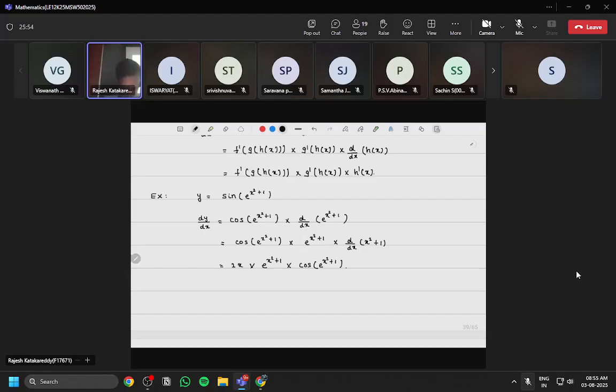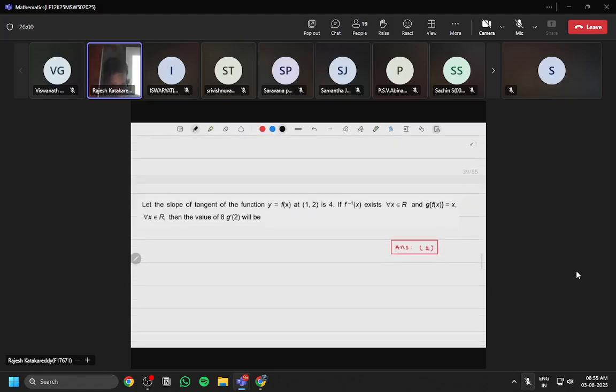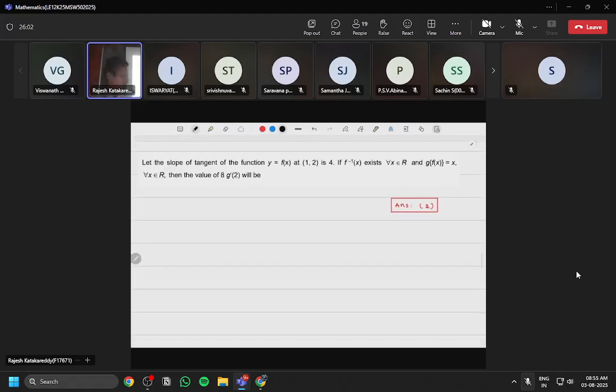Now let us learn what they asked in JEE Mains. In JEE Mains, they have asked something similar to this. They have given a function and tried to connect geometry to this. Similar kind of thing they asked, not the same one. Let the slope of the tangent of the function y is equal to f of x at 1 comma 2 be 4.